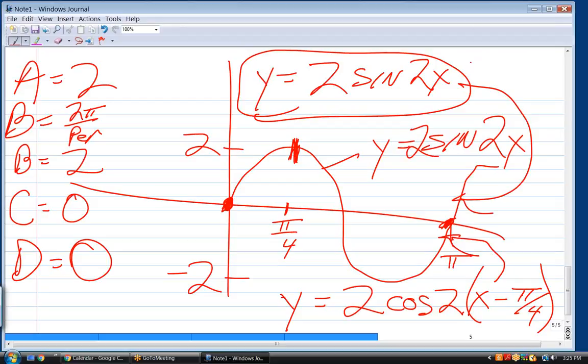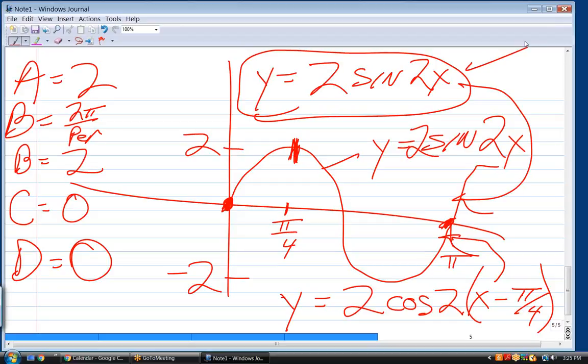Now, I would always use this function because, like I said, you use the least amount of phase shift. But part of the problem here is that you don't know whether it's sine or cosine, especially if they start giving you word problems like Ferris wheel problems.